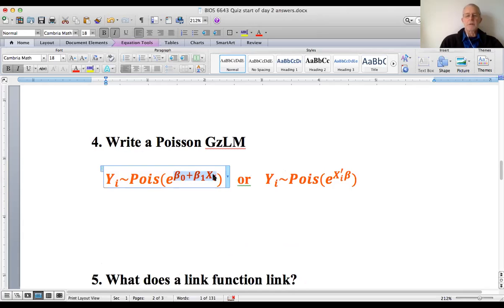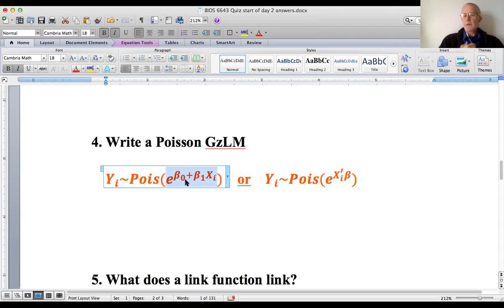The mean of the outcome, yes, exactly. The mean of the outcome distribution, right? So it's taking the linear predictor, x prime beta, and linking that to the mean of the outcome distribution.